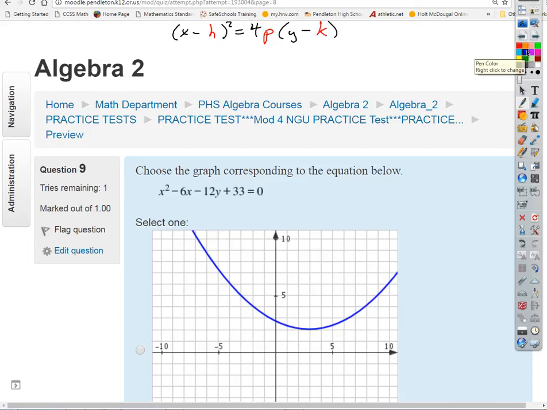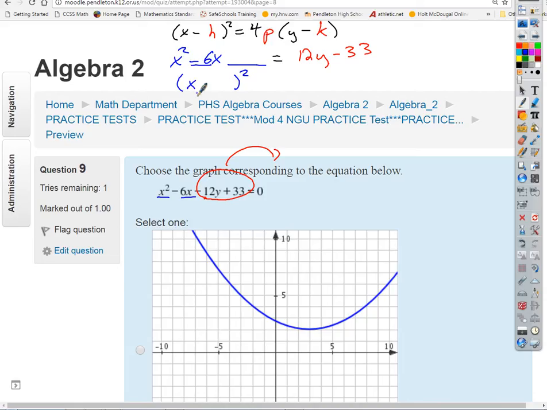So that means we're completing the square for which variable? For x. Good, so we'll collect the x terms on the left. So we're going to get x squared minus 6x equals, and then we'll put all the other stuff on the other side. So we'll add 12y to both sides, and we'll subtract 33, right? Okay, so let's see. Greg, what's going to be the number that gets combined with x here in the perfect square?